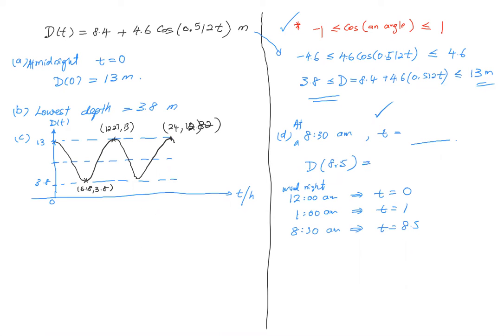Oh yeah, I got it, Miss. 8.5. Yes. So what do you get? What is the depth at 8.5? 6.7778. Yeah. So the depth is 6.97786. Am I right? No, just no. 6.77. Okay, my formula.